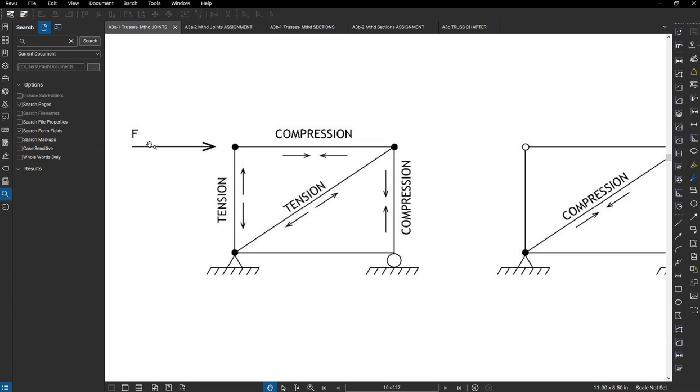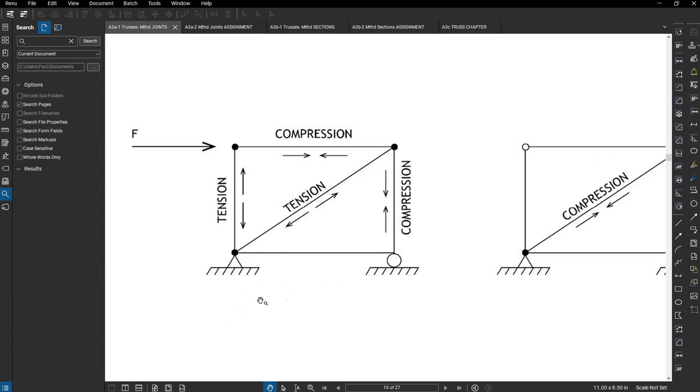If this force enters here and these are all pinned connected, this member has to push back against that member so it goes into compression. And then that member puts a force to this node, and that has to be resisted. Well, the way that happens is this member pulls this way, putting it in tension. The other thing that happens is because this force is eccentric to the connection to the earth, this truss wants to rotate clockwise. So in order to resist that, there has to be an upward force here at this reaction and a downward force here at that reaction.